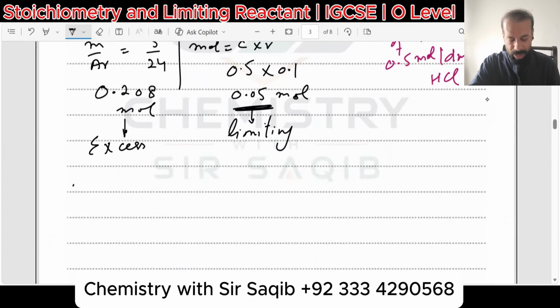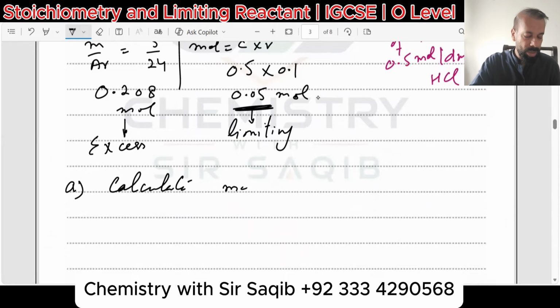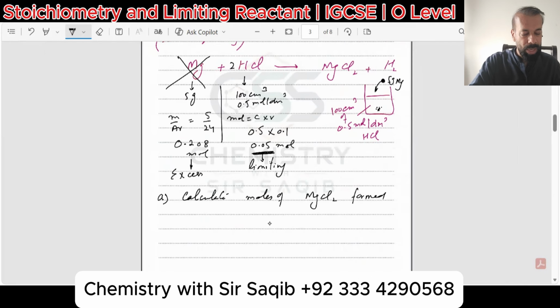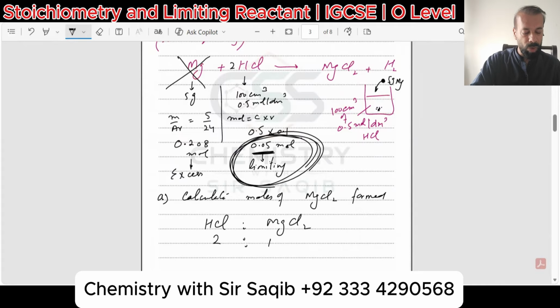Now the examiner says okay, calculate moles of MgCl2 formed. Now look at your equation. In your equation, how much is HCl? 2 mole HCl makes 1 mole MgCl2. But actually, how much do we have? We have 0.05 mole HCl.